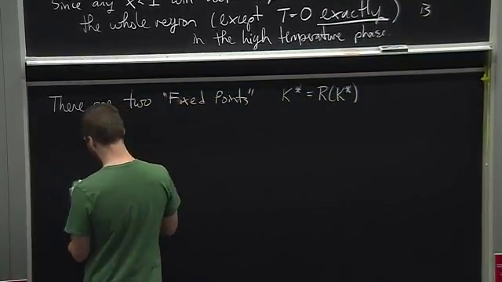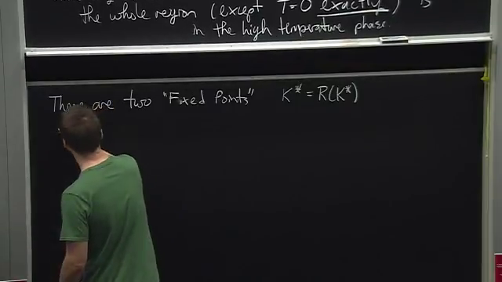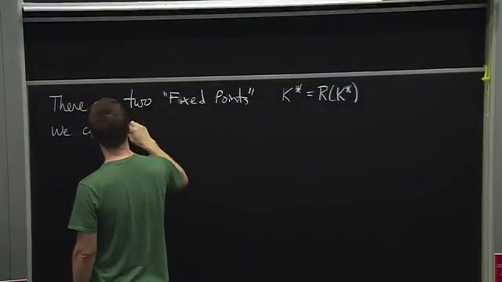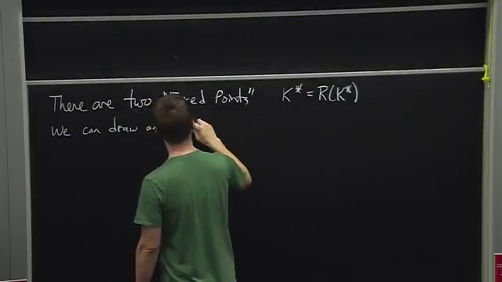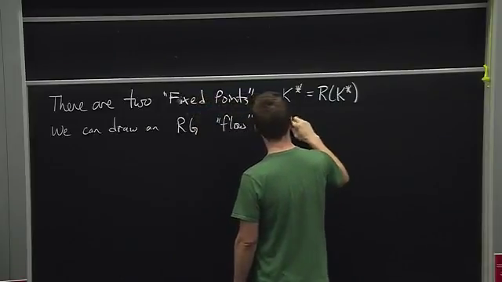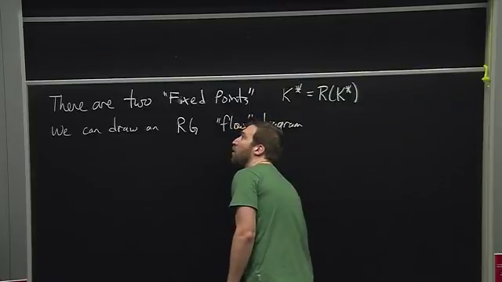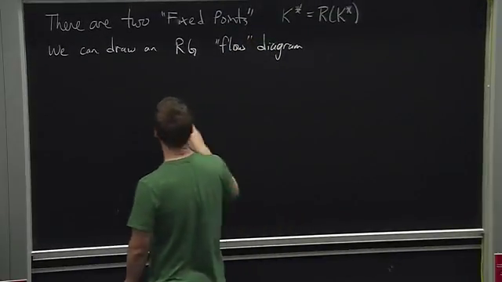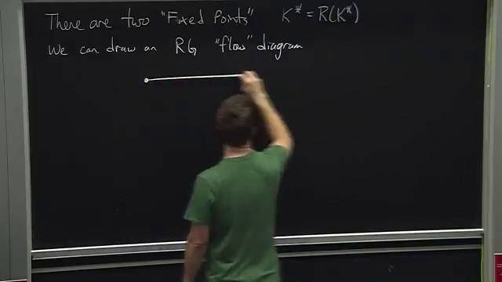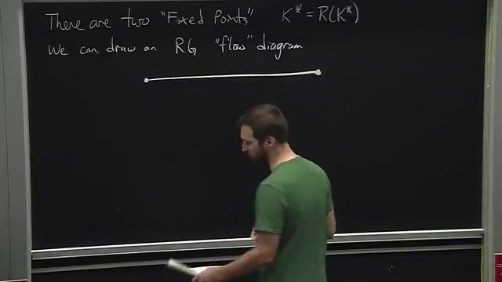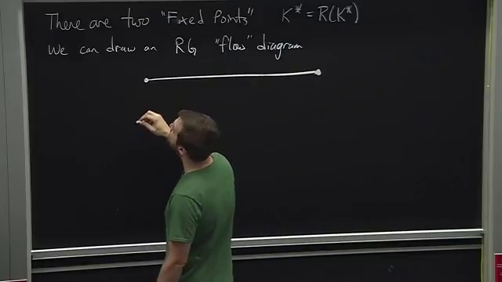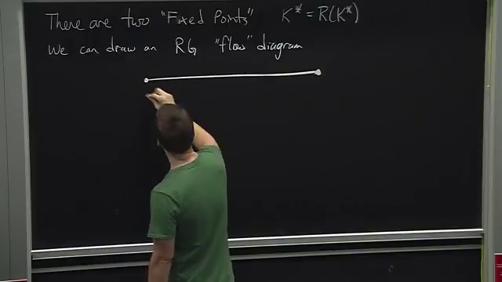So the RG flow diagram, which there's only one coupling, K. So we just draw a one-dimensional RG flow diagram. Okay, so I have x's, so let me go back to K's.